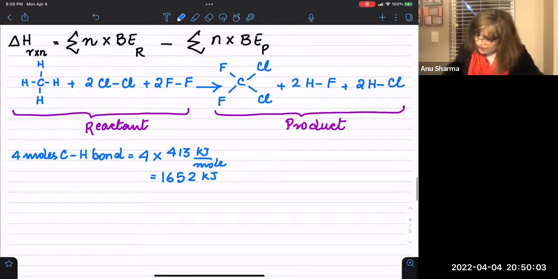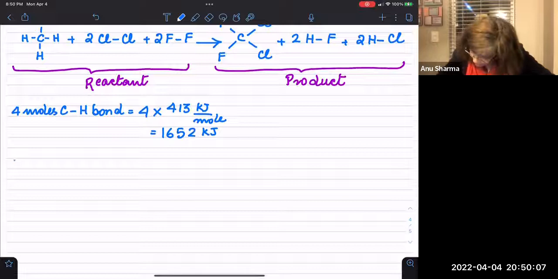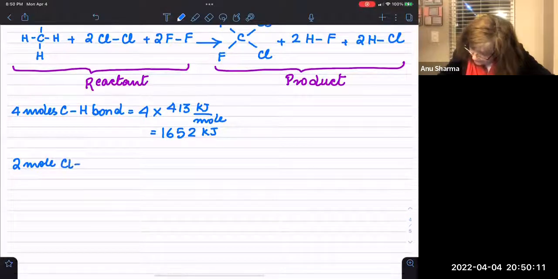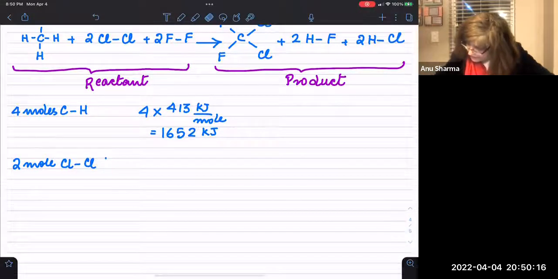Remember, those moles cancel out. Next, we have the 2 moles of the chlorine Cl-Cl bond.